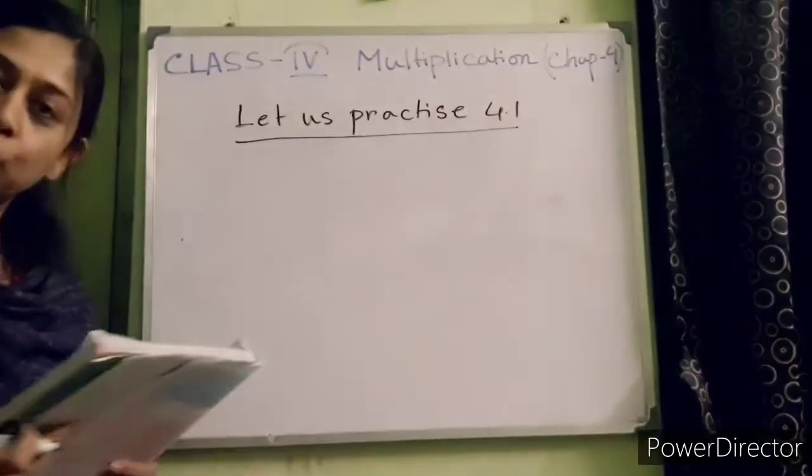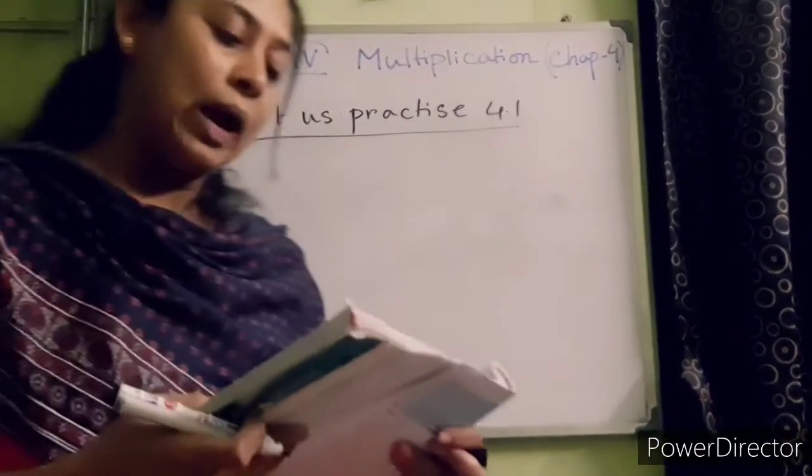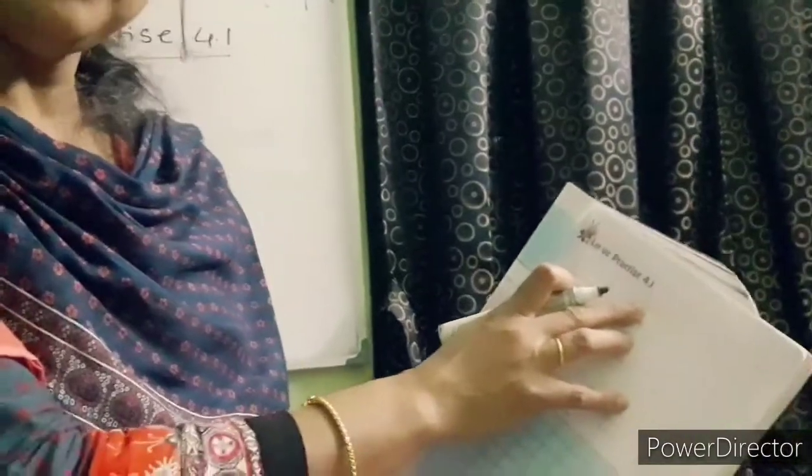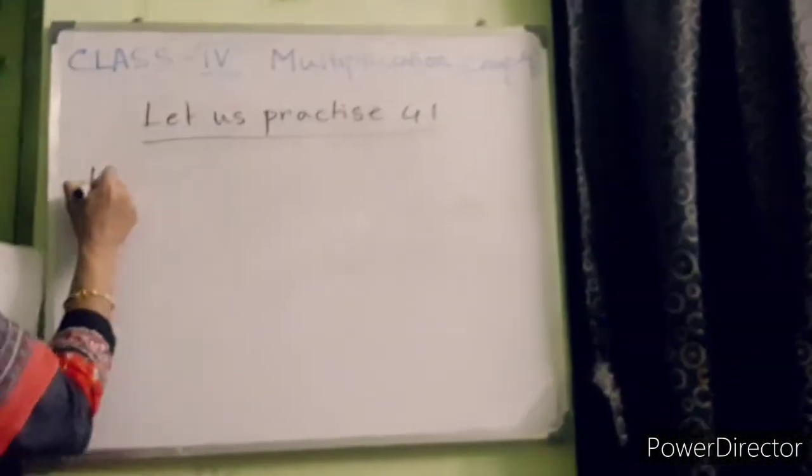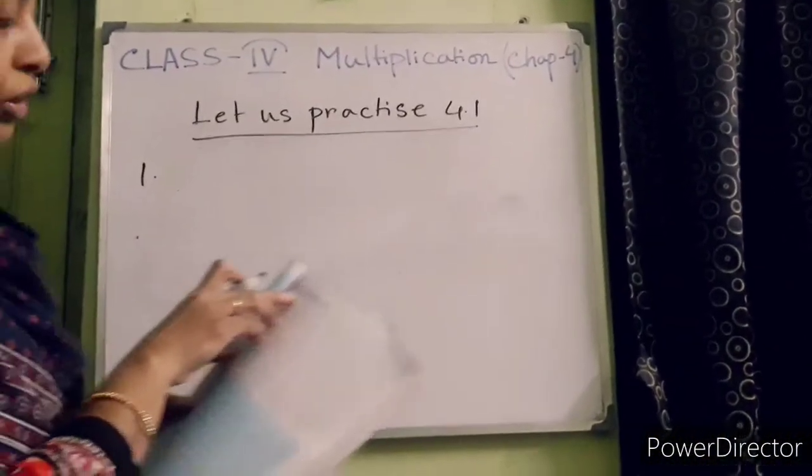Now let's practice 4.1. Here you have to write the number of times 12 is repeated. Number 1: 1, 2, 3, 4, 5, 6, 7, 8, 9, 10. 12 is added 10 times here.